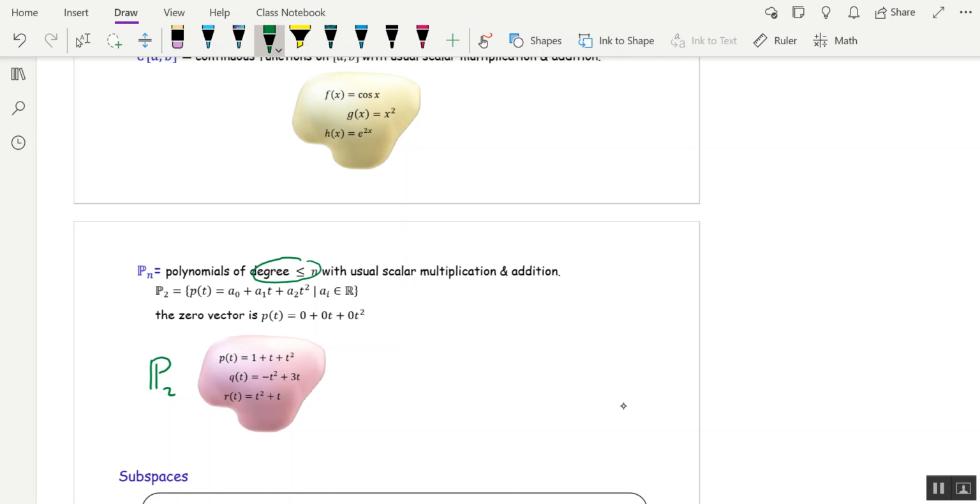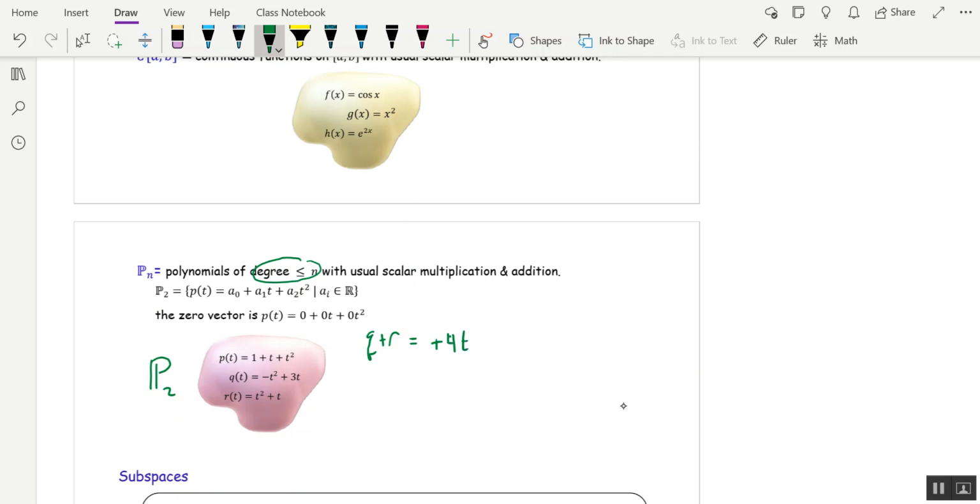This is the set of polynomials of degree less than or equal to 2. Those would be quadratic polynomials. Let me show you here. If I take Q and R and add them together, I actually get 4t, because the negative t squared adds to the t squared to be 0. I get positive 4t.